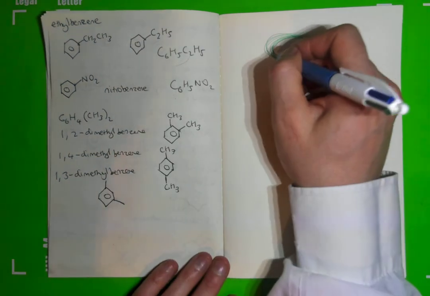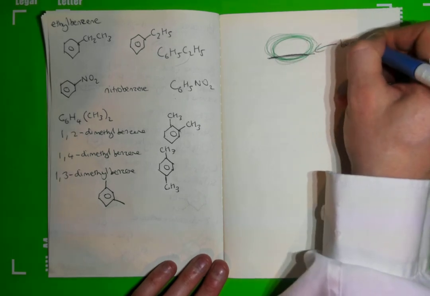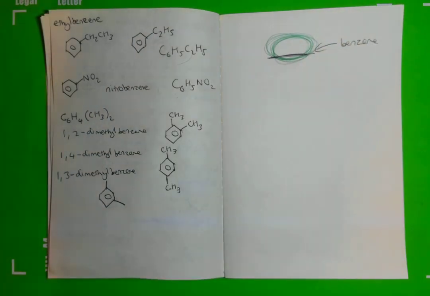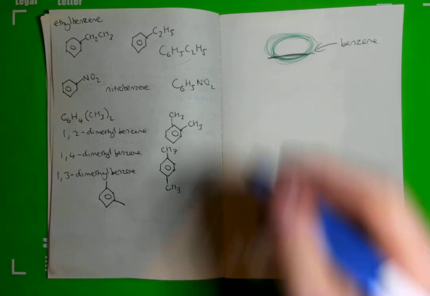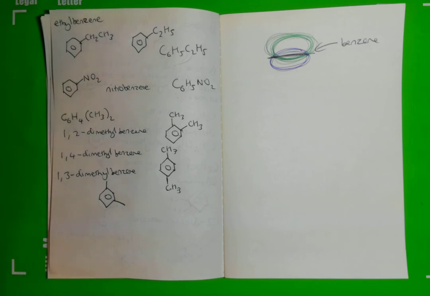We have benzene here. Let's just draw benzene as a line. That's benzene. And a ring of electron density below the plane of the molecule as well. So we have high electron density, and that's because of the delocalized bonding.